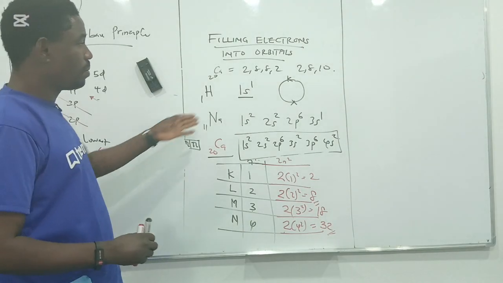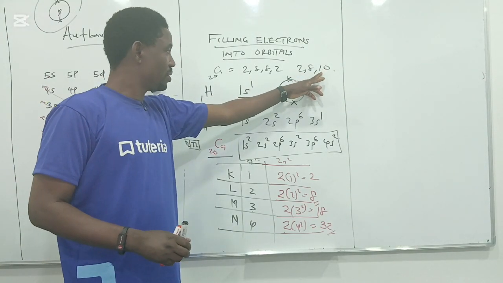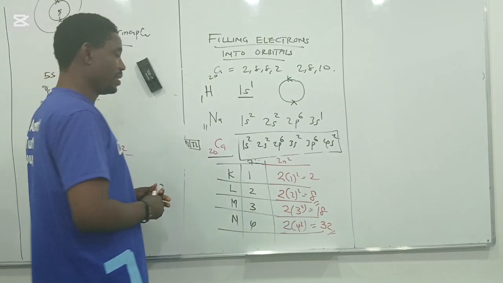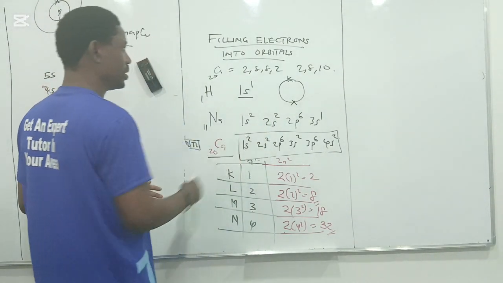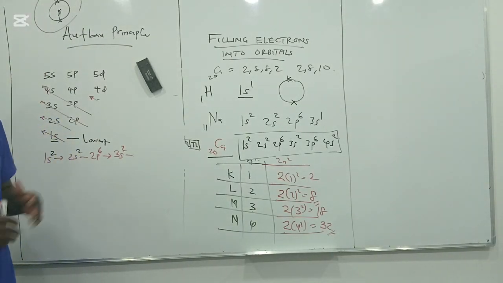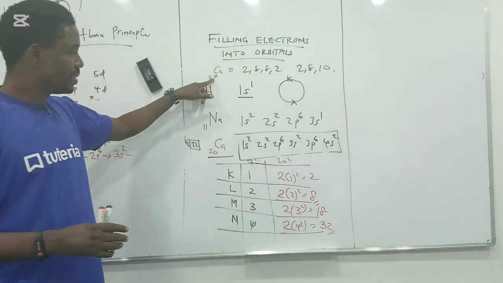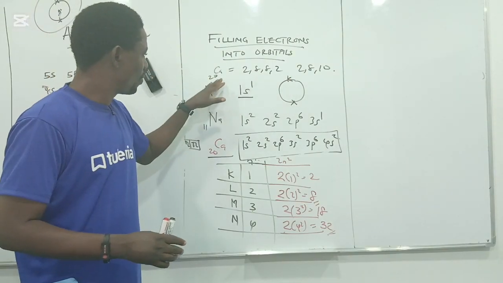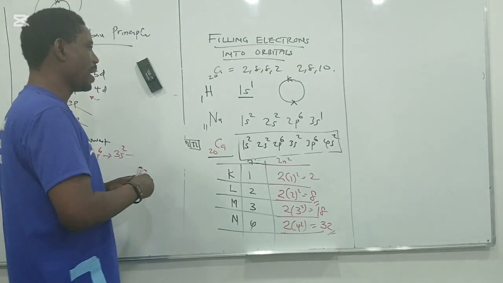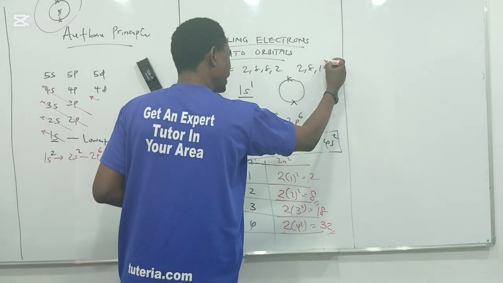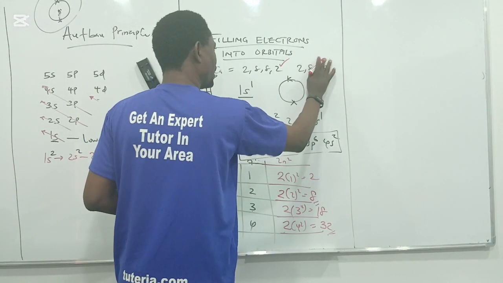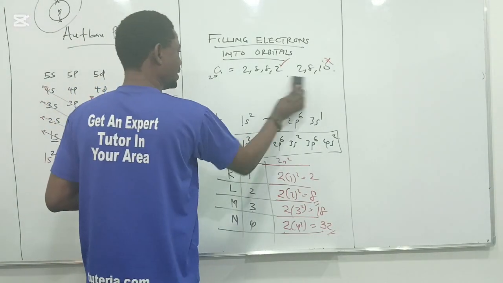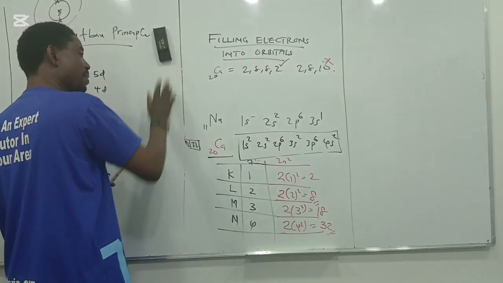How come when we have not completed the third shell, we go to 8, then we jump to the fourth shell? That is actually what the Aufbau principle can help you solve. What is the shell notation for calcium? Why is it not 2, 8, 10? Why is it 2, 8, 8, 2? That is the question that the Aufbau principle can help us sort out.